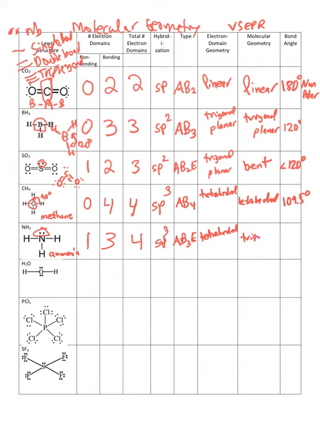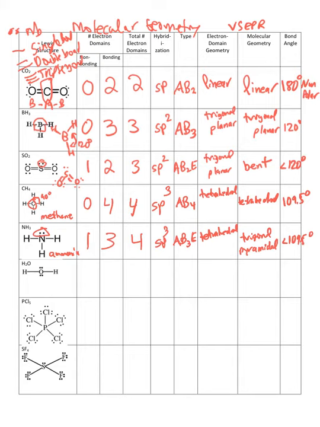But this is going to be a trigonal pyramid or a trigonal pyramidal molecular geometry. And that's going to form a pyramid with 3 sides and a base to it. And those bond angles can be a little bit less than 109.5 degrees. Once again, that non-bonding pair of electrons exhibits a greater repulsive force than do electron domains in a bond, and so it scooches those bonds down a bit.